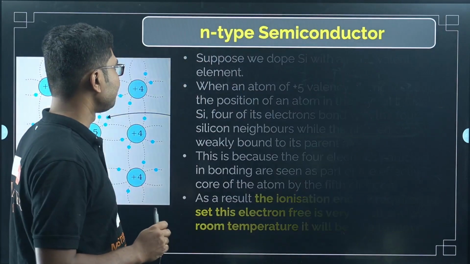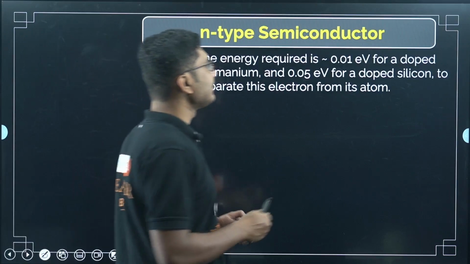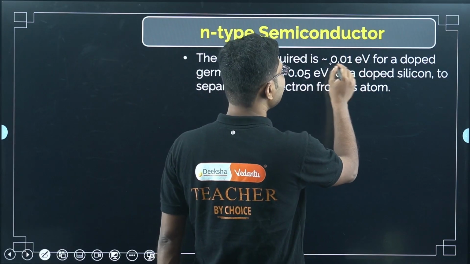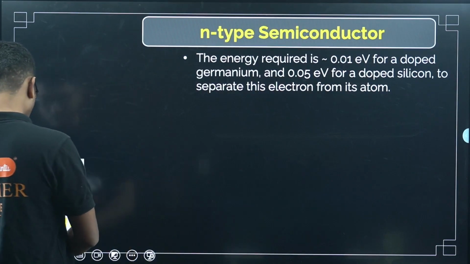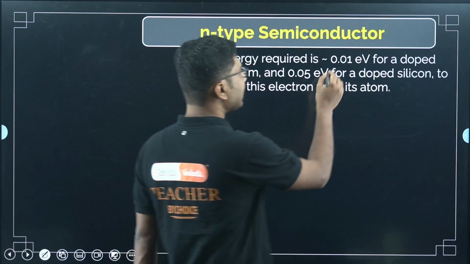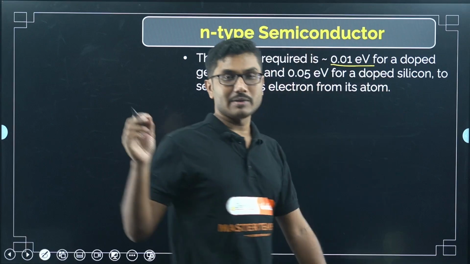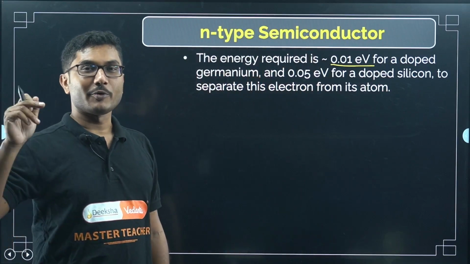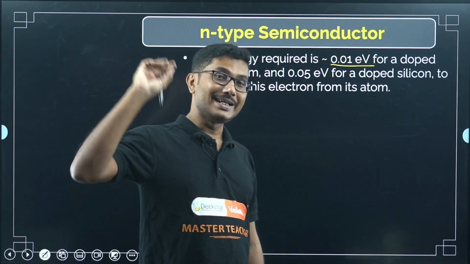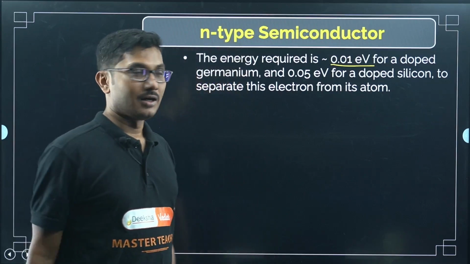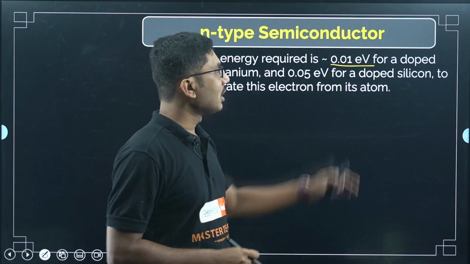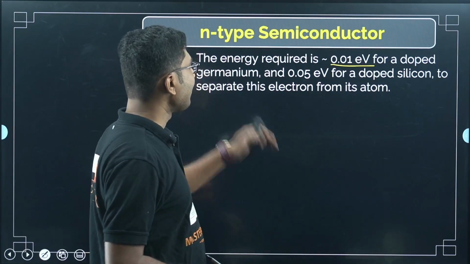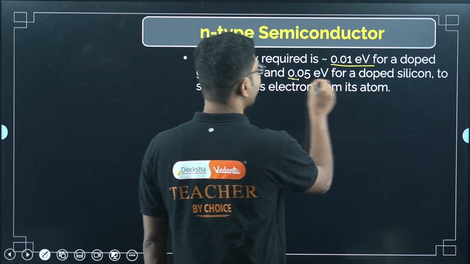Now, the energy required is almost equal to 0.01 electron volt. As you see, 0.01 electron volt is a very, very small energy. 1 electron volt is 1.6 into 10 to the power of minus 19 joules. So it is very small energy for doped germanium, 0.01 electron volt, and 0.05 electron volt for doped silicon.